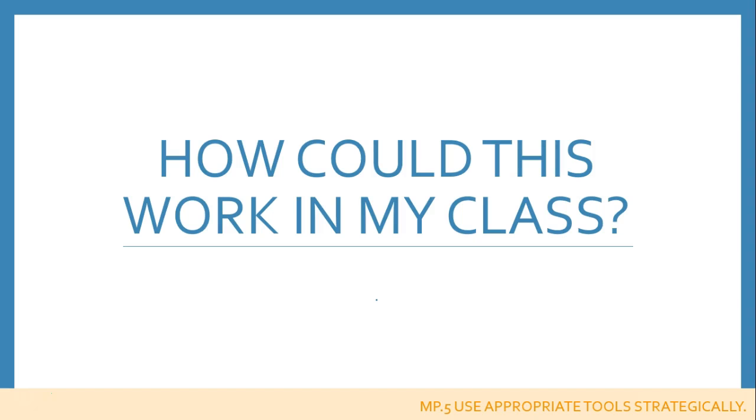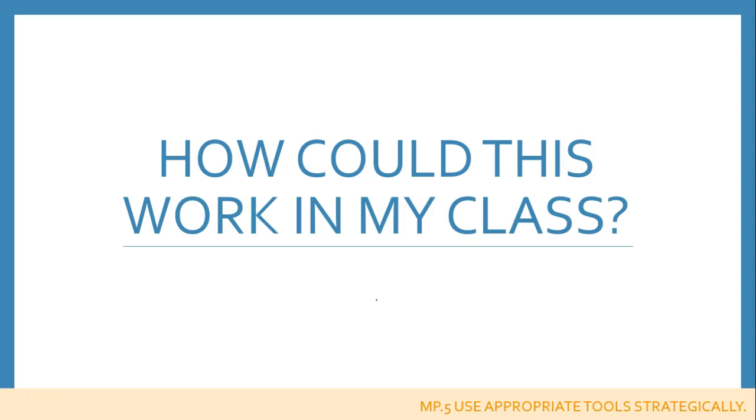Now that you've got a sense of the meaning of this practice, let's look more deeply into what it means to use appropriate tools strategically. I'll highlight 3 features of this mathematical practice, as well as example activities at different levels that work with each feature. All of the math content examples that I share can be found in the College and Career Readiness Standards for Adult Education.